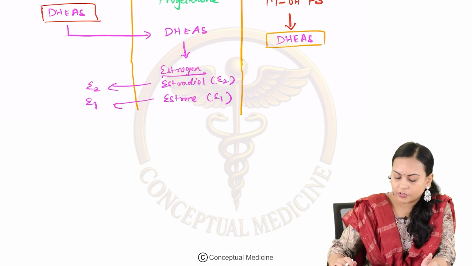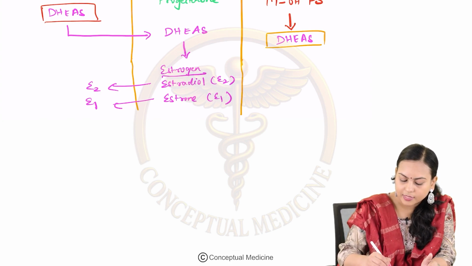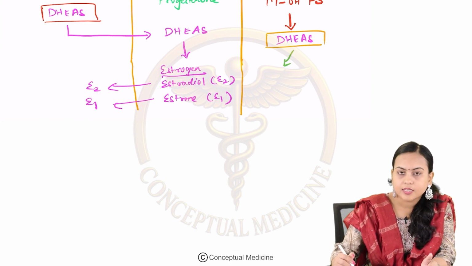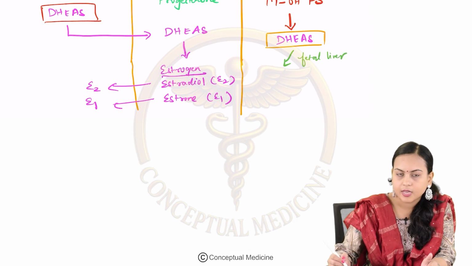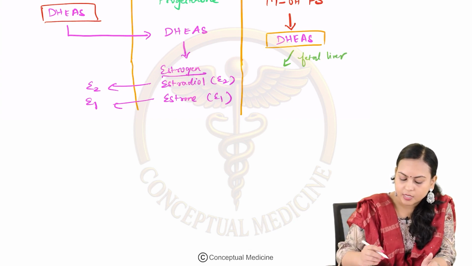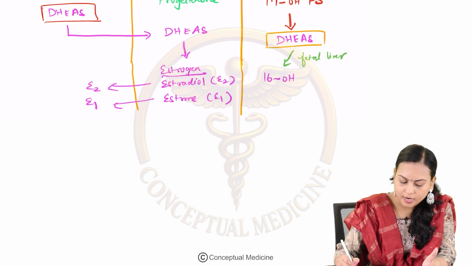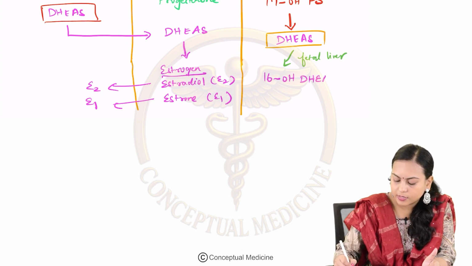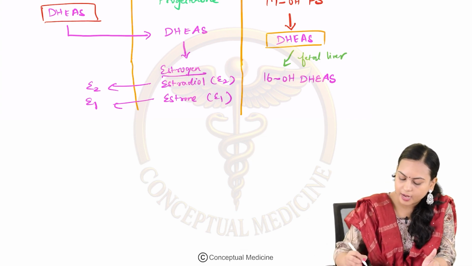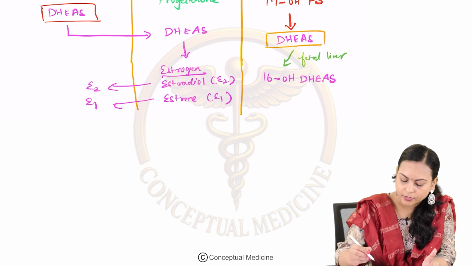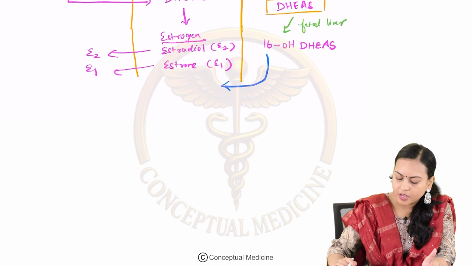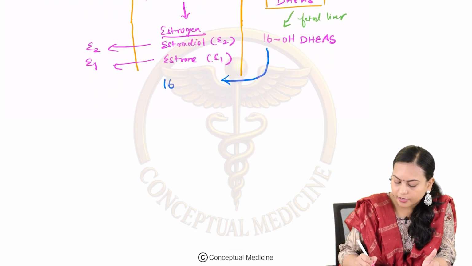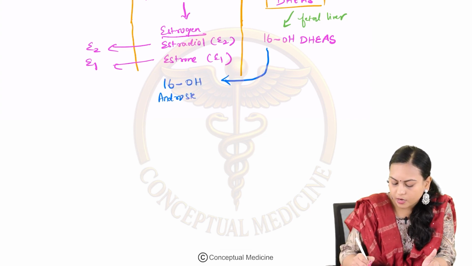Now after this conversion, some of this hormone in the fetal liver, okay, is going to be converted into 16-hydroxydehydroepiandrosterone sulfate, okay, and again this is going to travel into the placenta where it is going to be converted into 16-hydroxyandrostenedione.